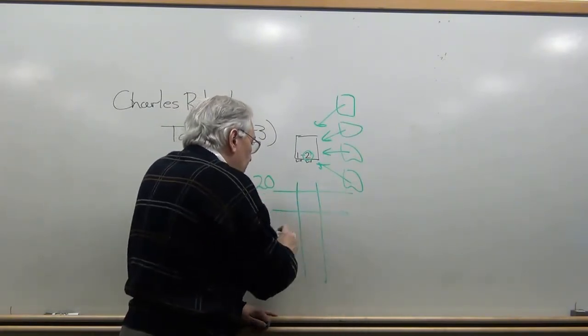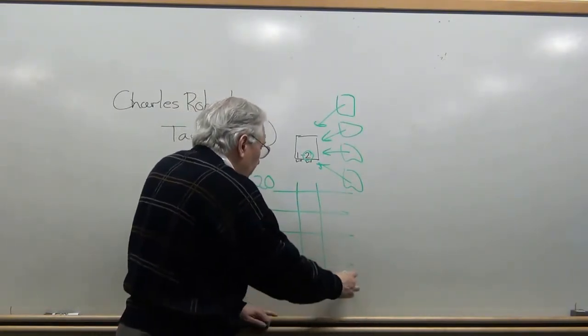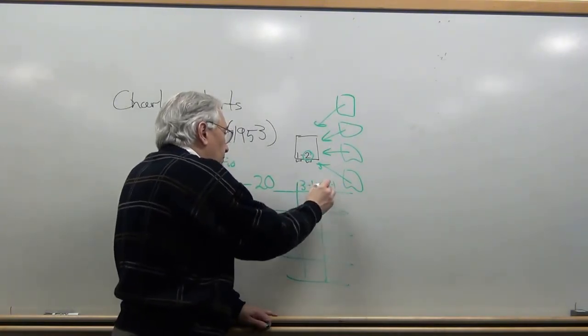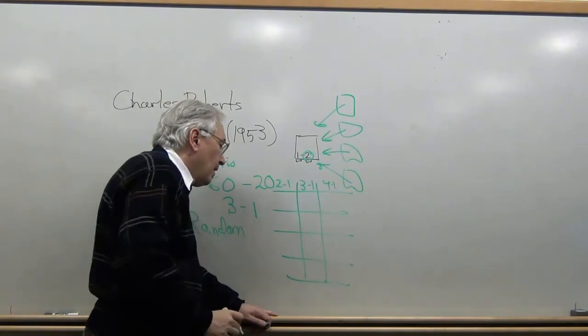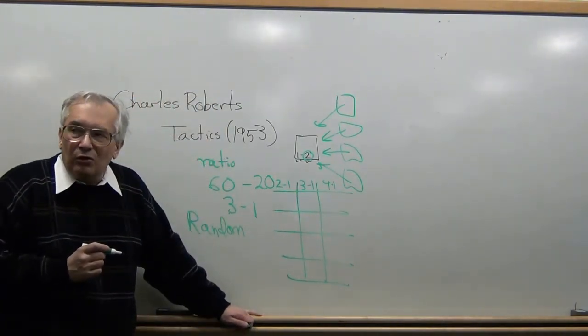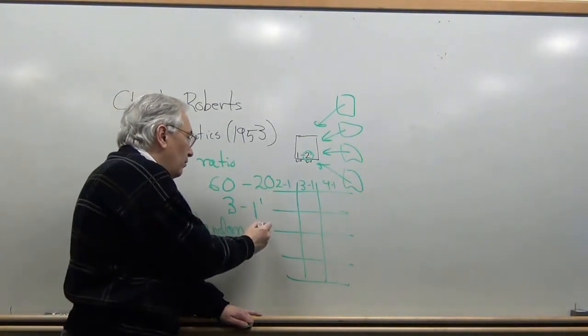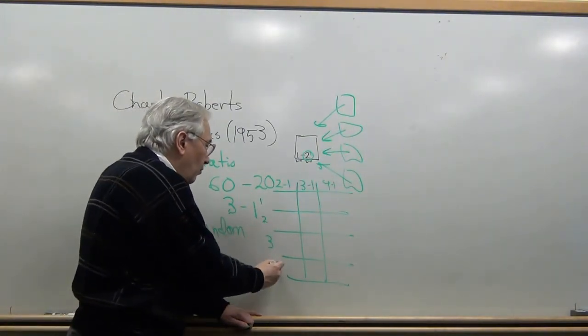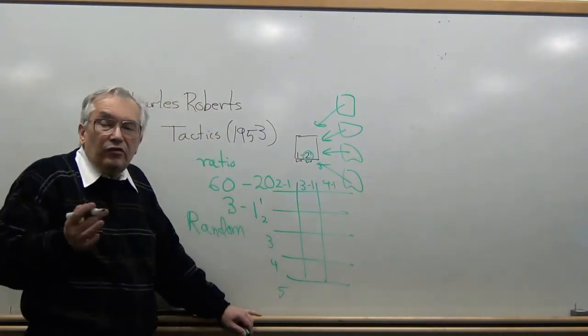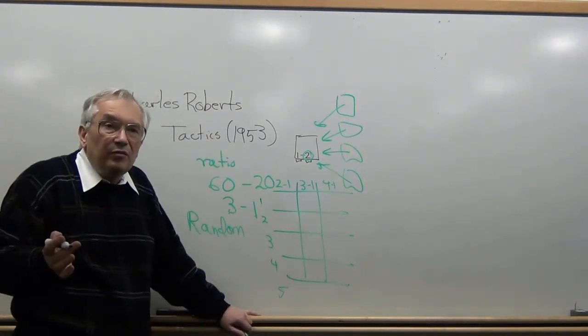And we will set up a table. So we have 3-to-1, 4-to-1, 2-to-1. And then we will say there are various outcomes that we attach to die rolls. And so we have die rolls 1, 2, 3, 4, 5. And, okay, so what sort of results can we plausibly have?